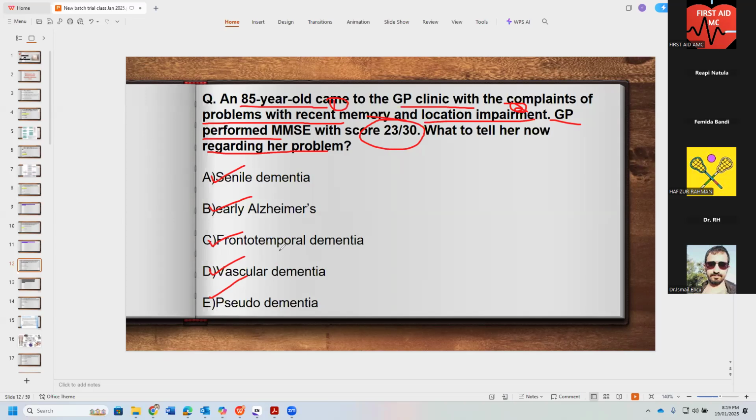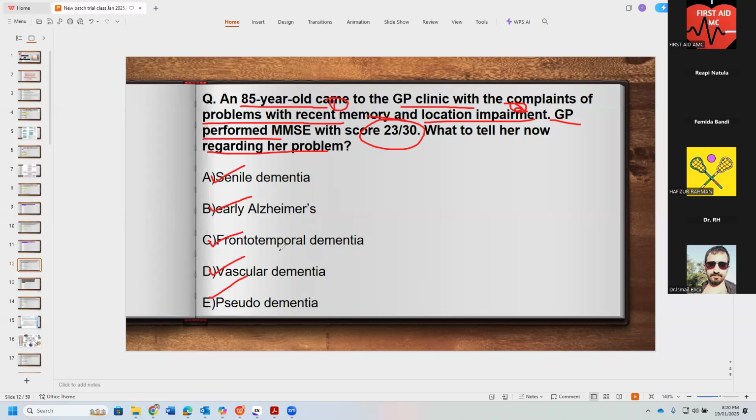Alrighty. So if 85-year-old have recent memory problems and location impairment, does anyone know what is the normal MMSE score? Yes, more than 24. More than 24 is fine.